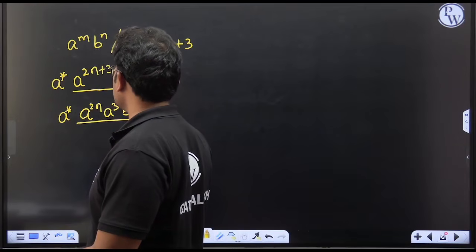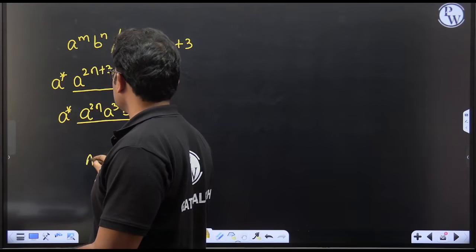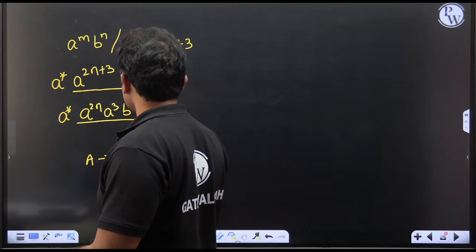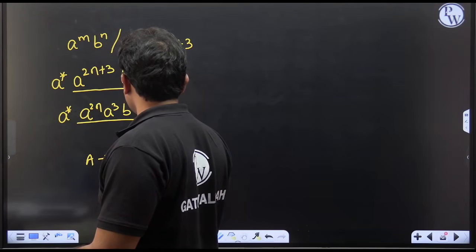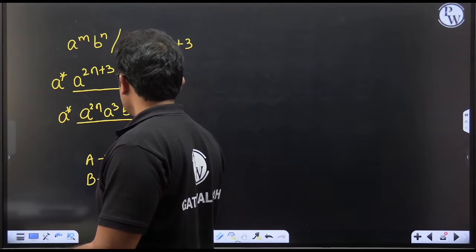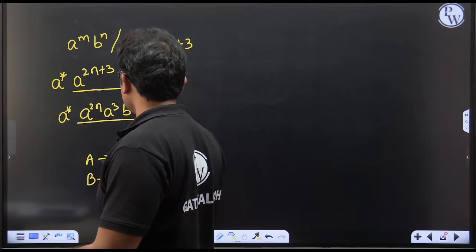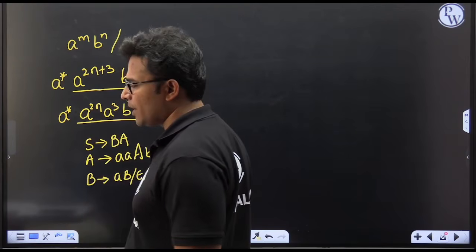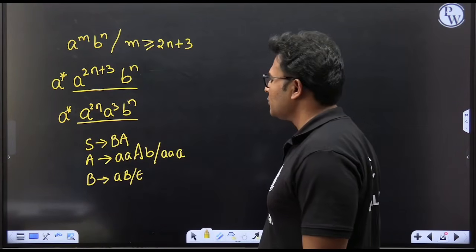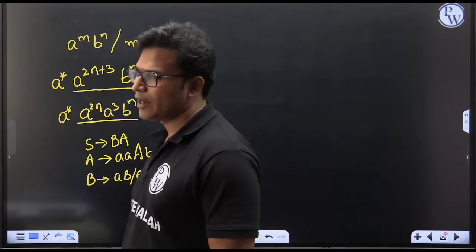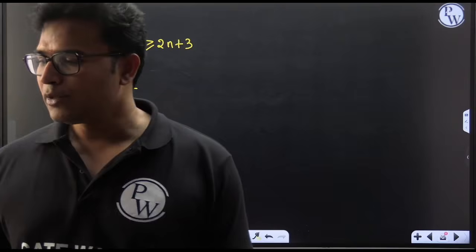First you generate this: A derives aaAb or aaa. Now what is a star? B derives aB or epsilon. Now what is S? S is B followed by A. Okay? We will see more problems.